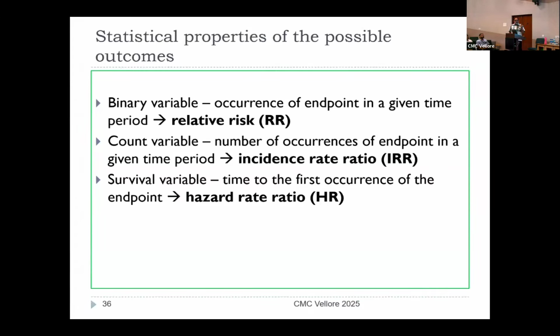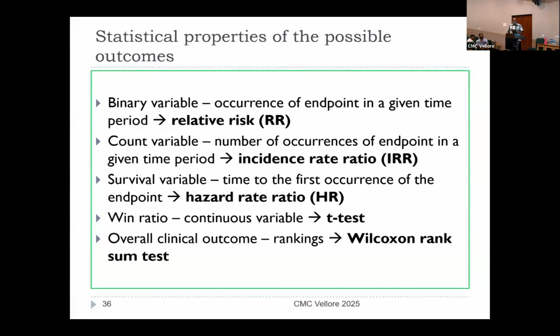Then we can get the hazard rate ratio, which unfortunately we drop one of the R's and just call it HR, but it should be HRR, just like incidence rate ratio. The win ratio is a continuous variable and it leads to a t-test. The overall clinical outcome rankings we'll talk about lead to a Wilcoxon rank sum test, for example.